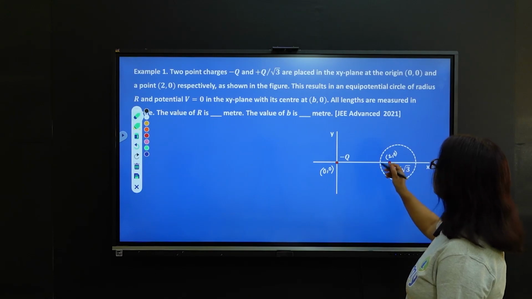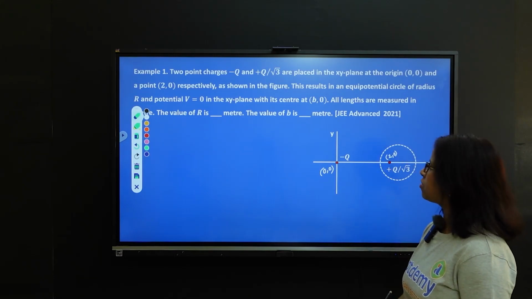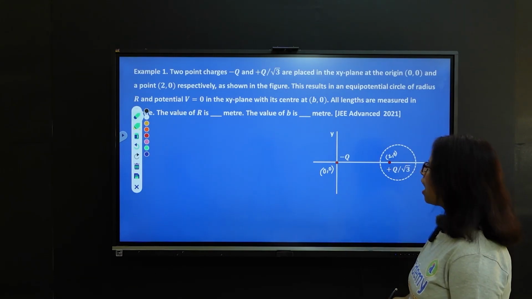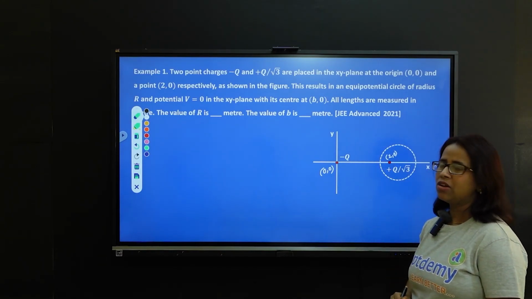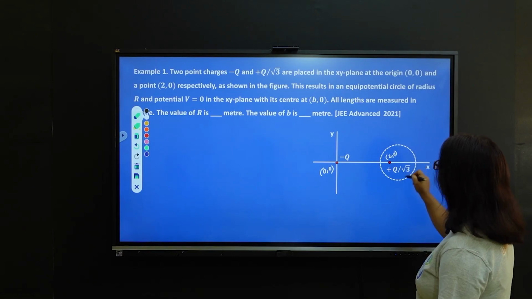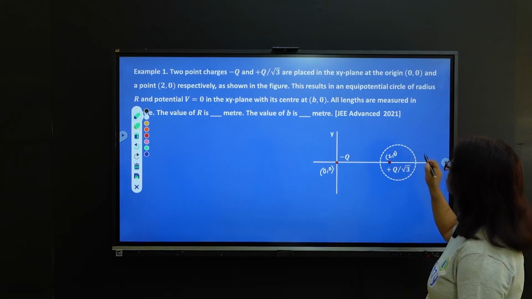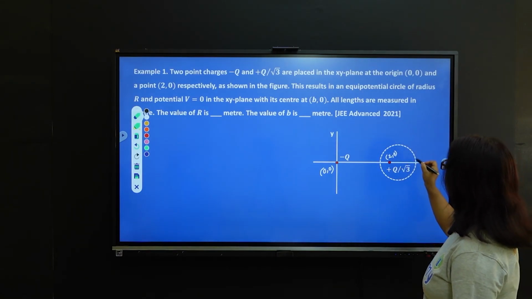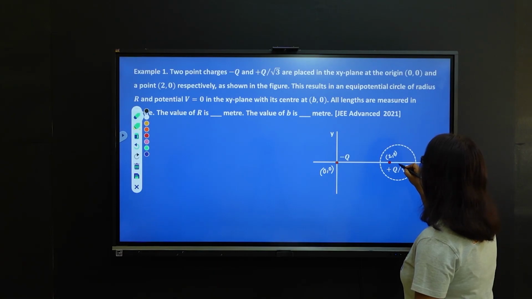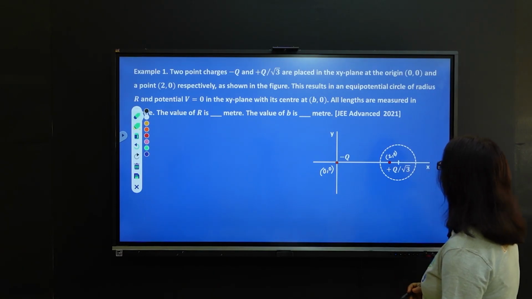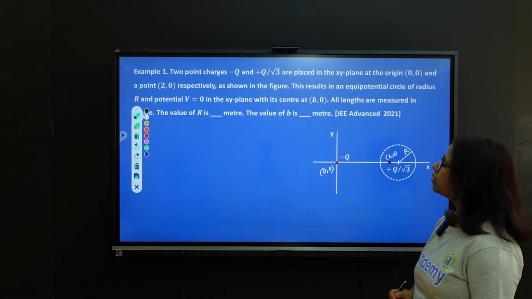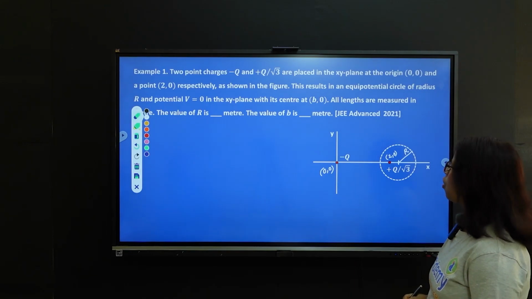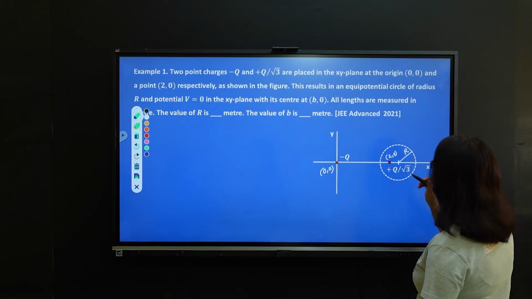Now, this will result in an equipotential surface of radius R. So, this system of two charges results in an equipotential surface which is shown by this sphere, which is a circle of radius R. Let us assume the center of the circle is C, and the radius is given as capital R. The center has coordinates (B, 0).